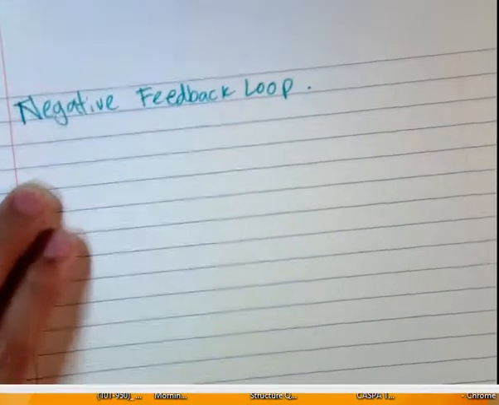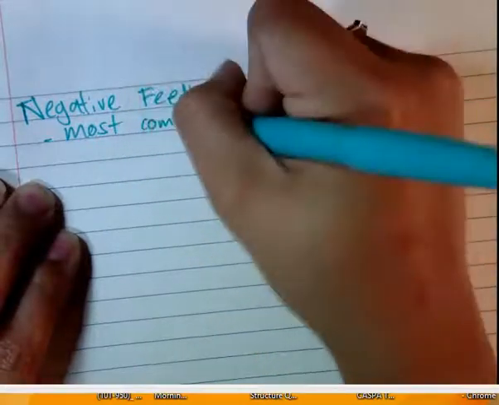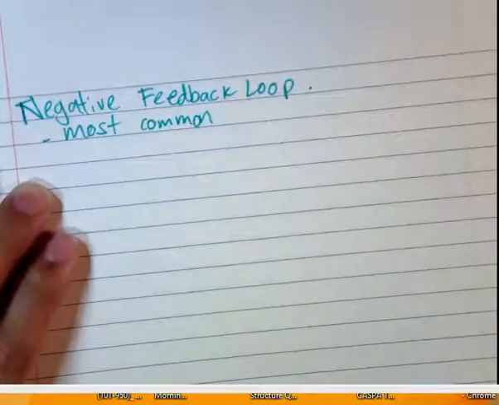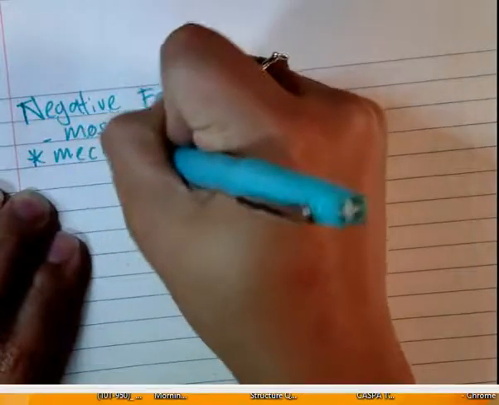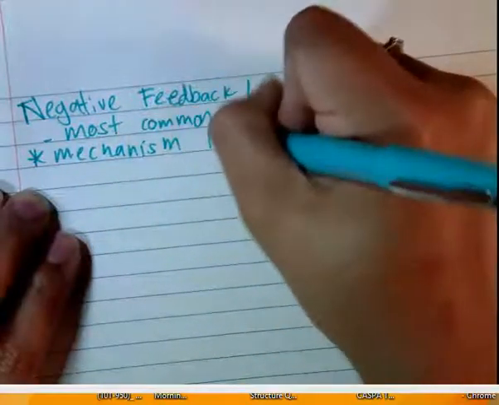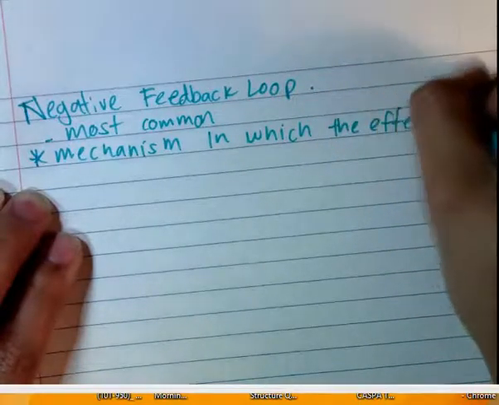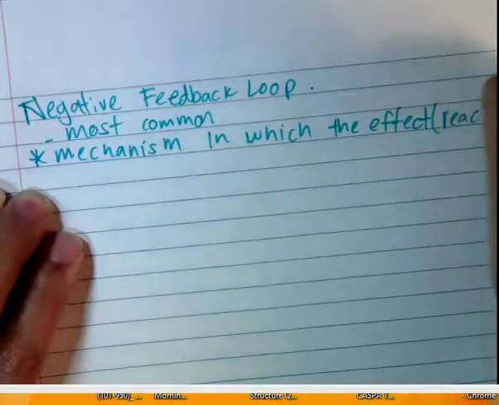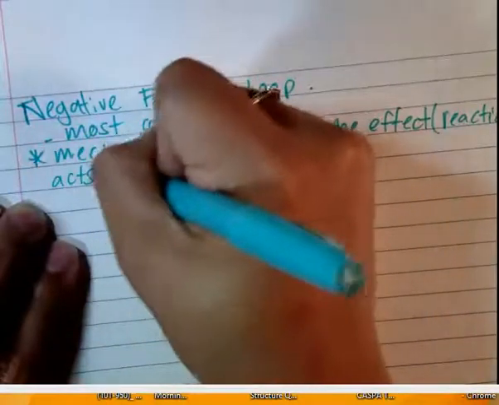And how does this maintain homeostasis? First of all, this is going to be the most common kind of pathway for information. This is a mechanism in which the effect, or the reaction, acts as the off switch.